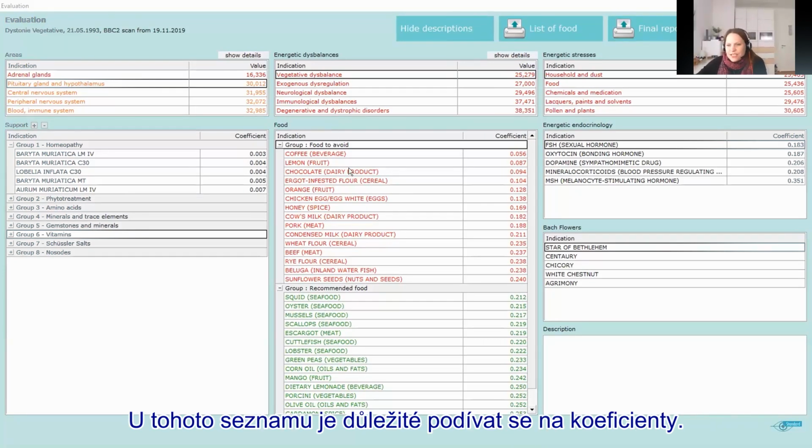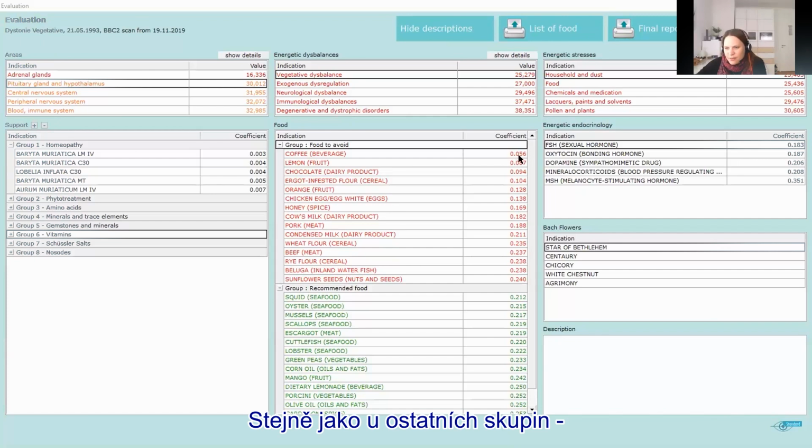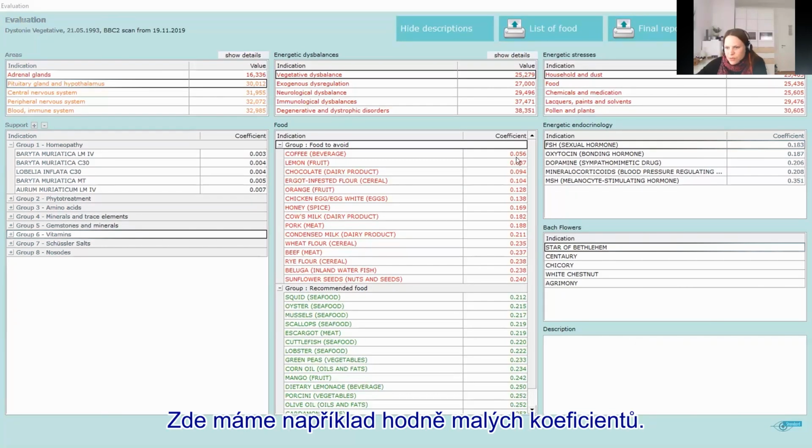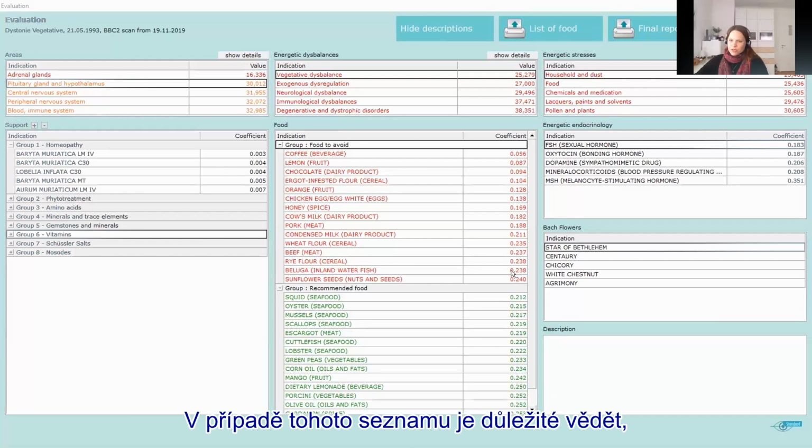What is important on this list is how the coefficients are. The same as in every other group, the smaller a coefficient is, the more important it is. In this case, we have really a lot of smaller coefficients.